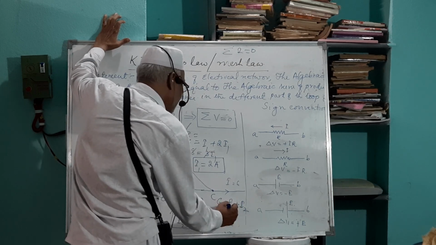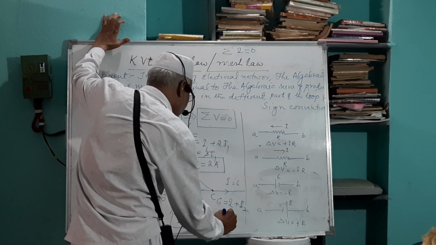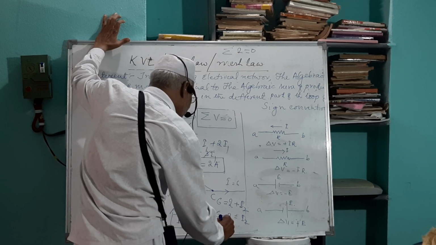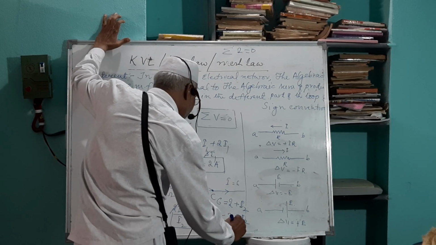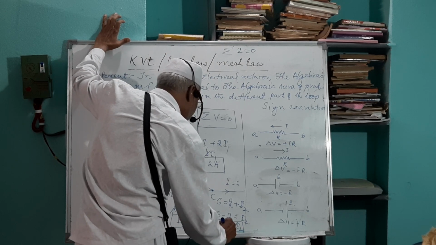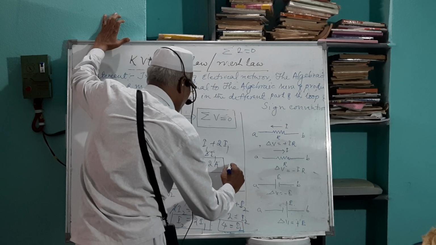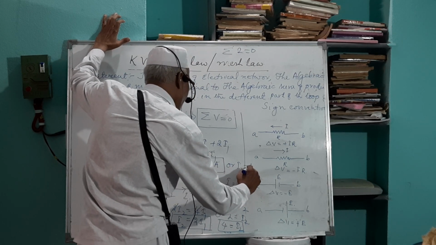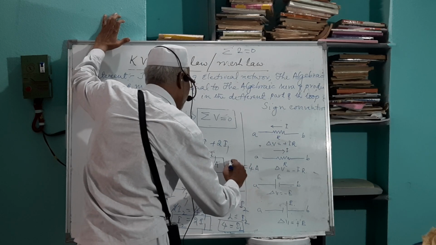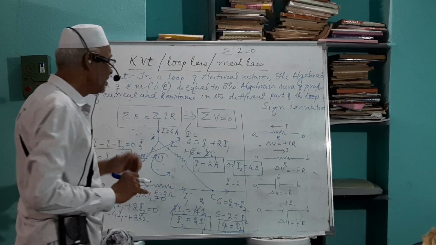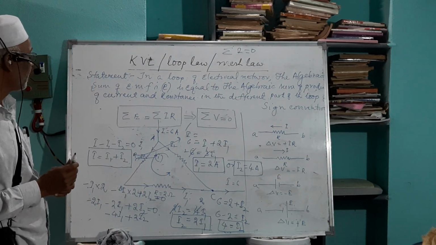Bringing this term to this side, 6 minus 2 is equal to I2, so 4 is equal to I2. That is, I2 is equal to 4 ampere.